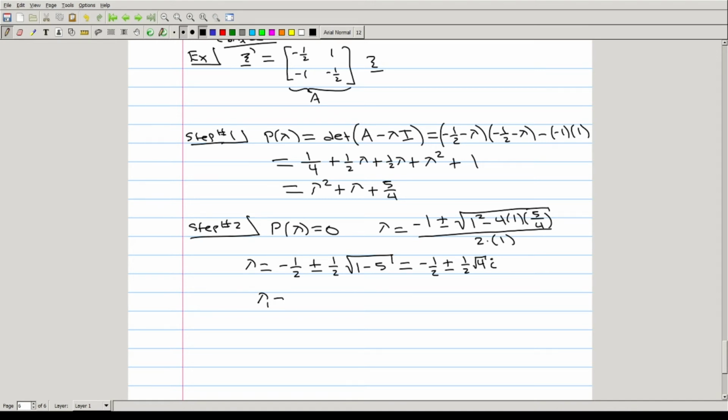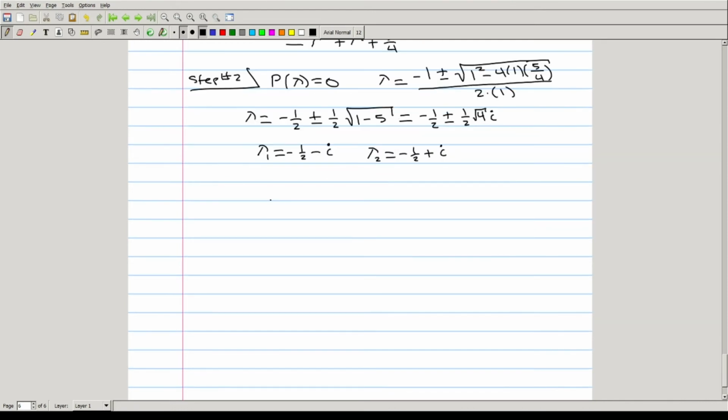And so the eigenvalues are lambda 1, which is negative 1/2 minus the square root of 4 over 2 times I, or just 2 over 2 times I, which is just I, and lambda 2, which is negative 1/2 plus I. The eigenvectors are going to be complex, because the eigenvalues are complex numbers, but they're still going to satisfy the eigenvector equation.